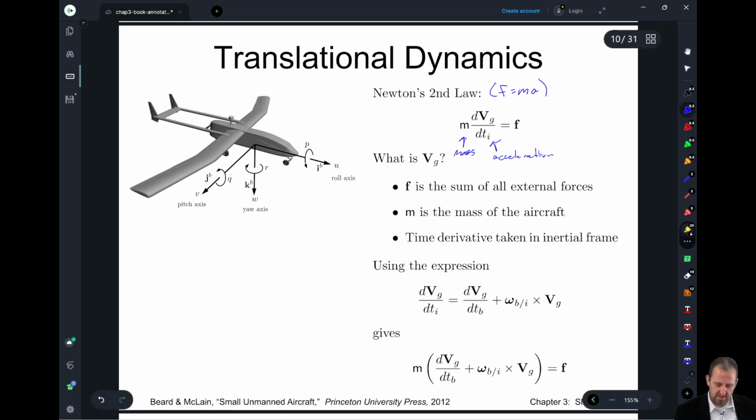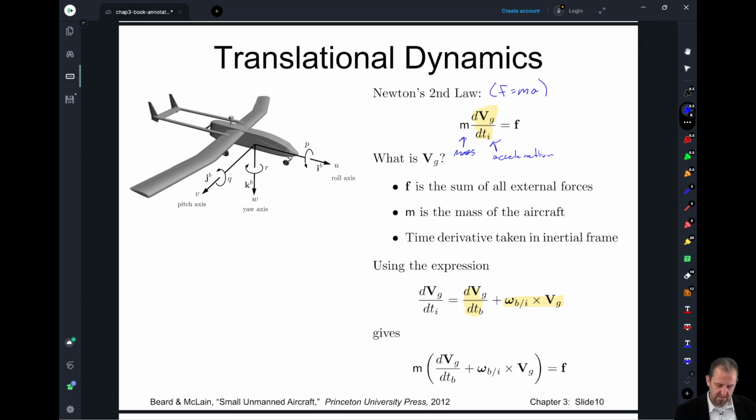Now, the time derivative of this velocity we can break up into the time derivative with respect to the body frame plus the cross product term that we just spoke of. That's really nice.